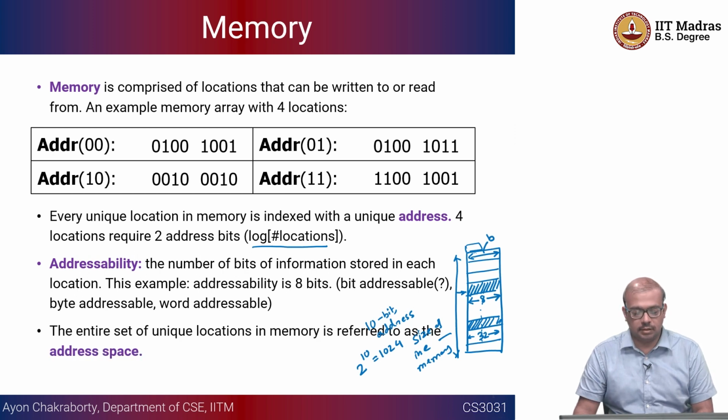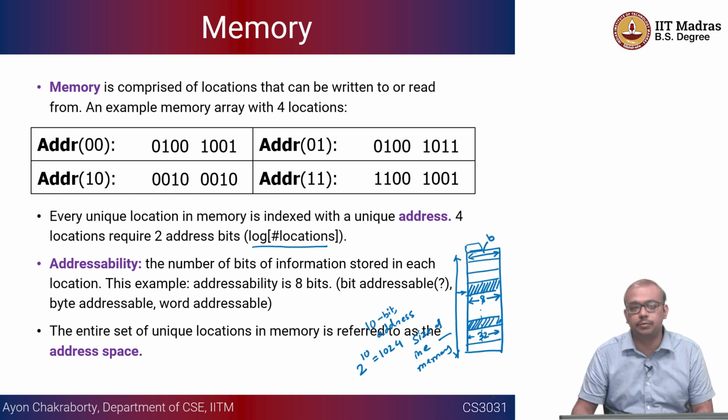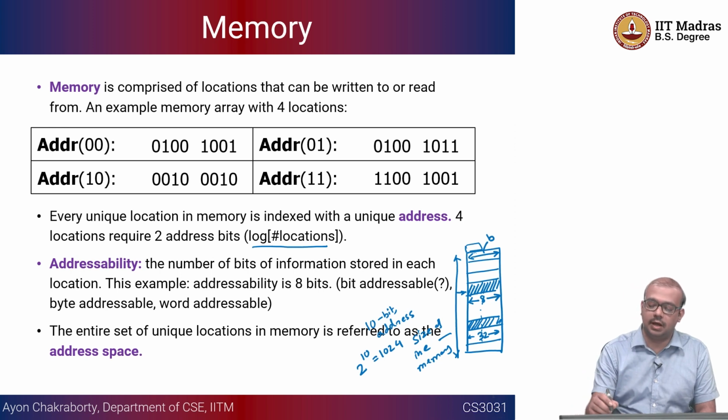The entire set of unique locations in the memory is called the address space. So here I have already told you that the number of unique locations in this particular case is 2 to the power 10 or 1024. That's the address space, 1 kilo. So if this particular memory is byte addressable, the total size is going to be 1 kilobyte, because there are 10-bit addresses and the memory is byte addressable.